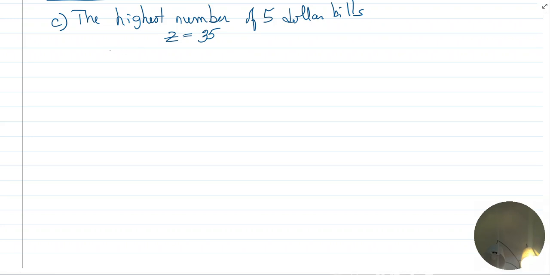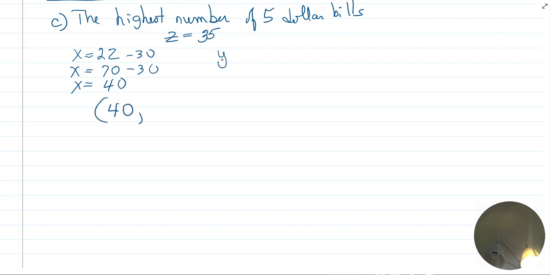So then I would have my x equal 2z minus 30. So x would equal 70 minus 30. x is 40.